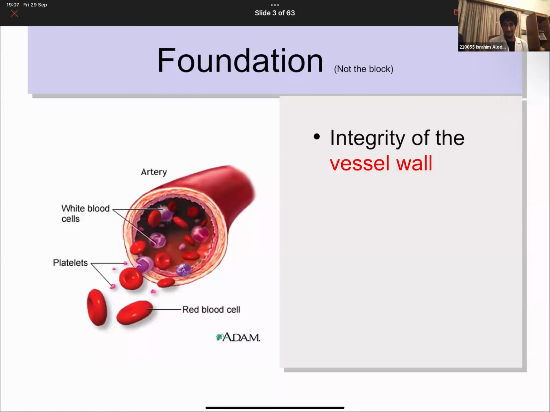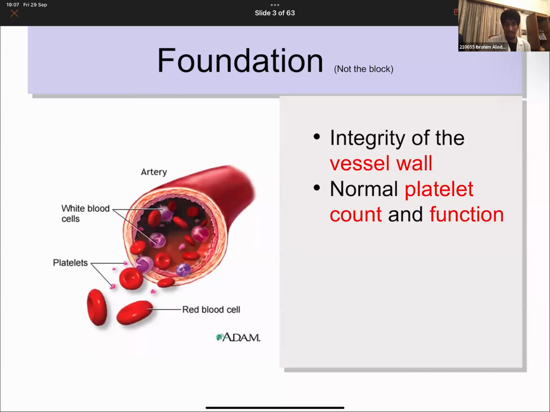So first and foremost, we have the integrity of the blood vessel. If the integrity of the blood vessel is damaged, that means there's going to be a trigger of hemostasis, right? The second thing is a normal platelet count and function. Now, you guys are aware of what platelets are and what they do by now, right?